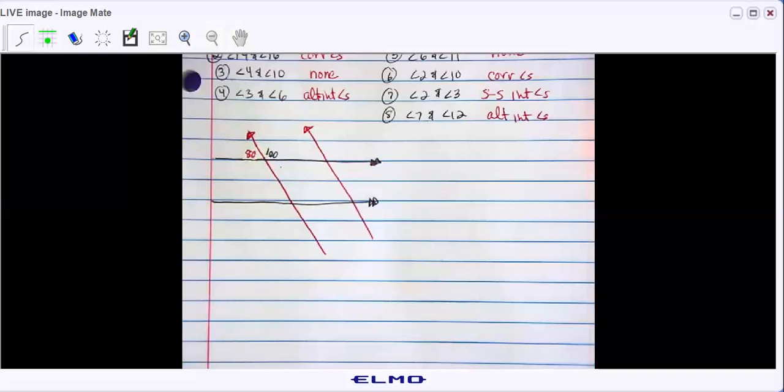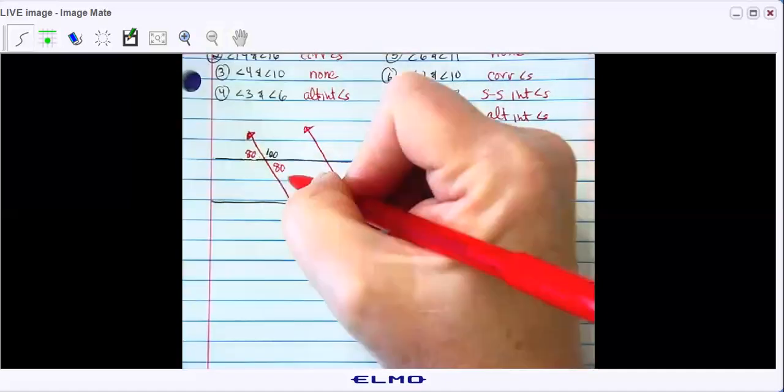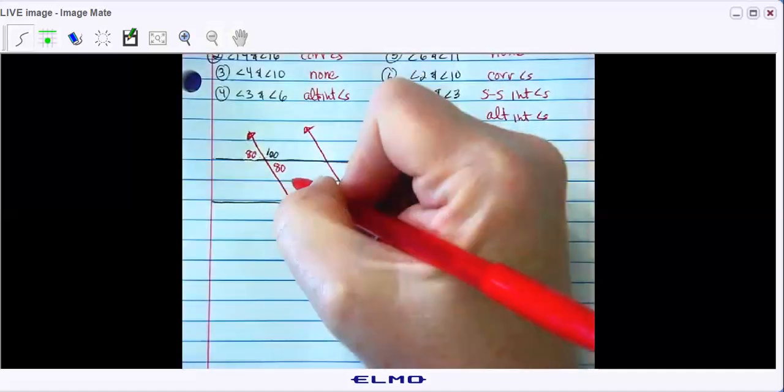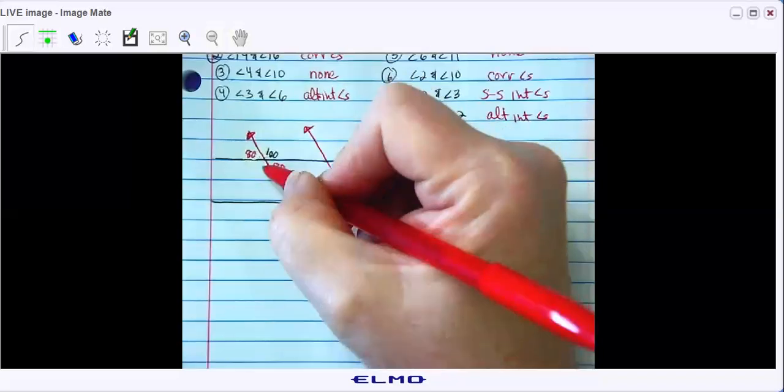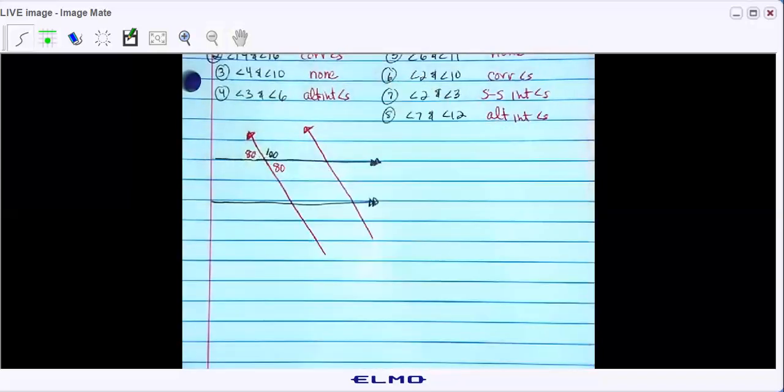They're equal. Nice. So if this is 80, the one directly across from it is also 80. Notice that that 100 there and this 80 is also supplementary. They make 180. So what's the value of the angle next to that one? 100. Yep.